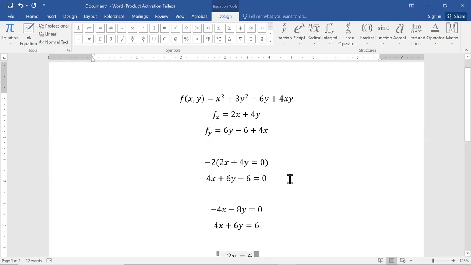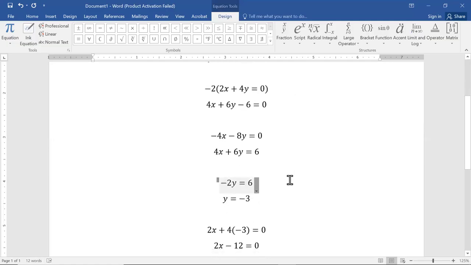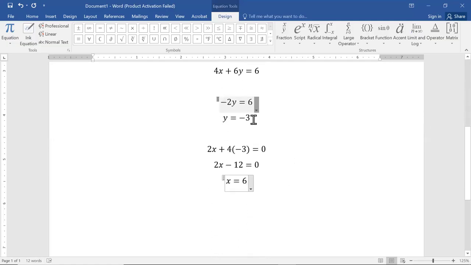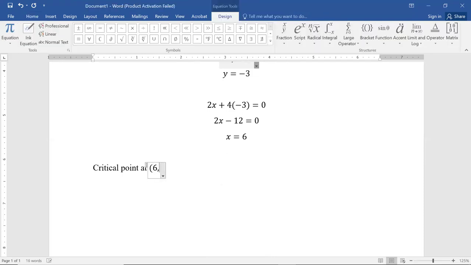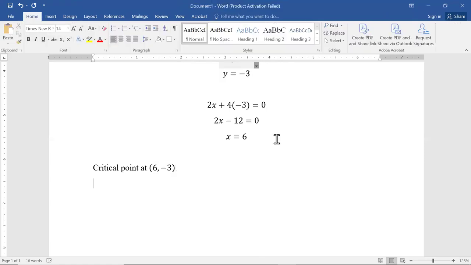So we only get one point that works, and that is the point (6, -3). So we get one critical point, and it happens at the point (6, -3).